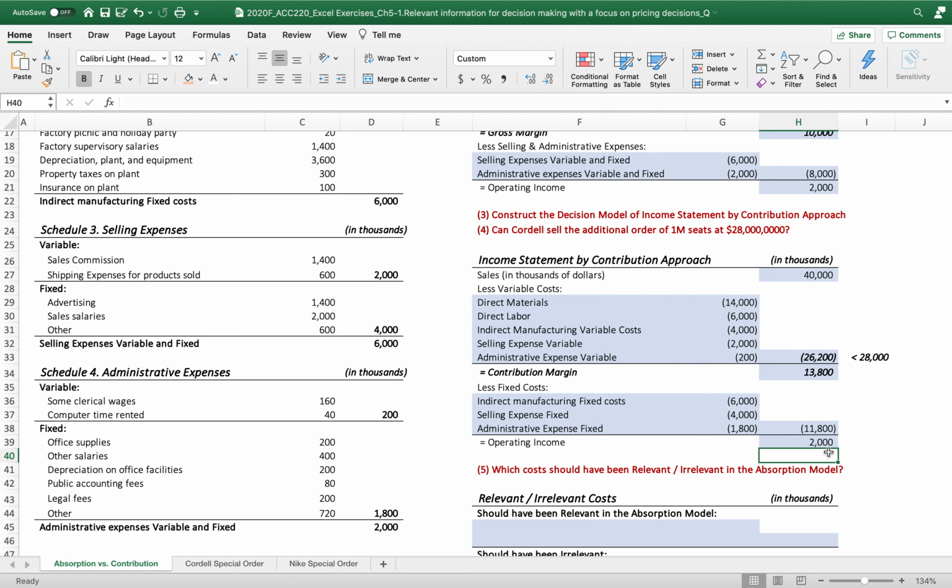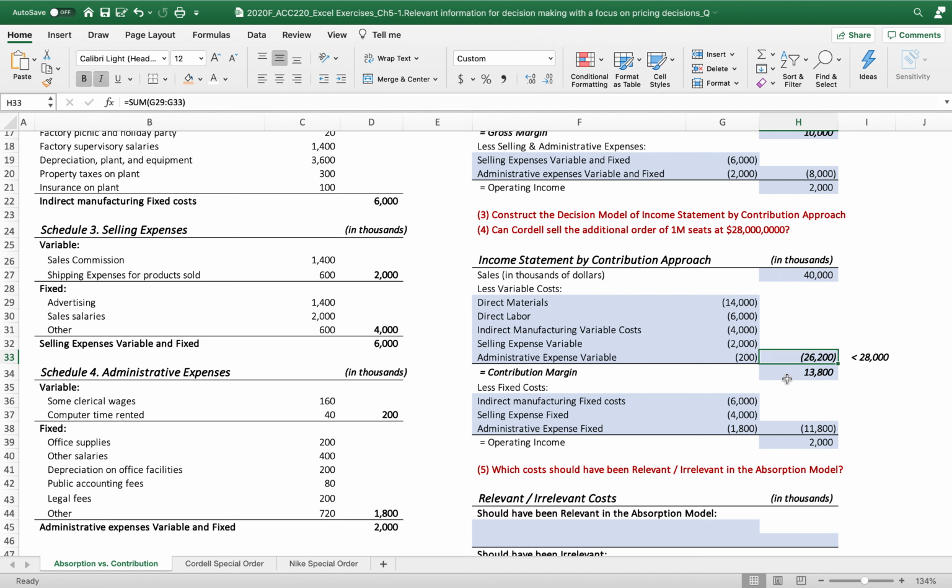So here, 2,000 are the same, but do you see, we make different decisions based on this contribution margin approach, because the variable cost is lower than the additional sales order of 1 million seats, $28 million, higher than this total variable cost.